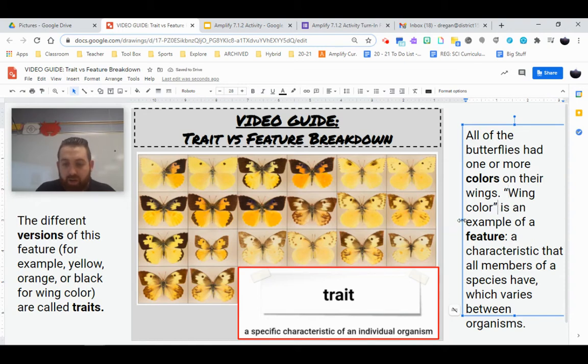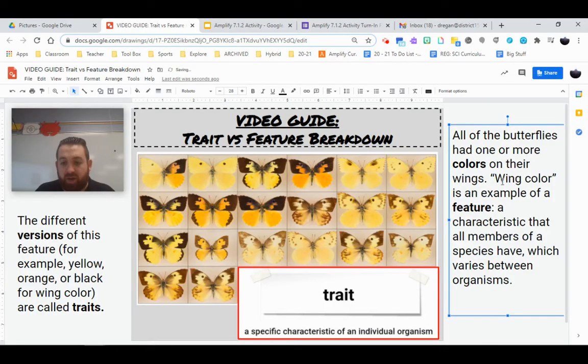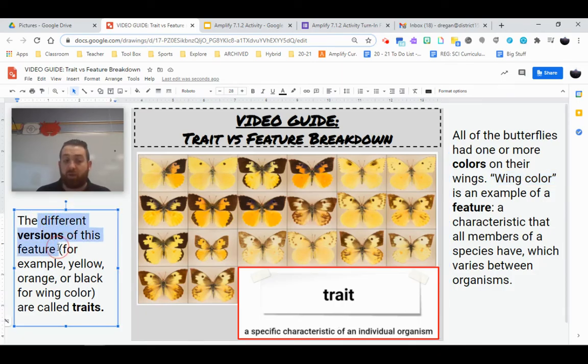Now, notice that even though we have this specific feature, all these different butterflies, or members of this species and population, can have different wing colors or different patterns on their wings. So think of features like the groups of things we describe within a population, whereas traits, on the other hand, are the specific characteristics of the individual, the different versions of those features.